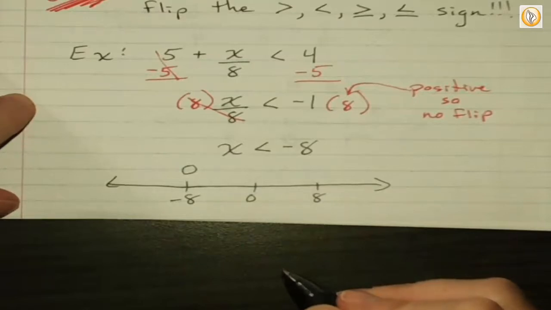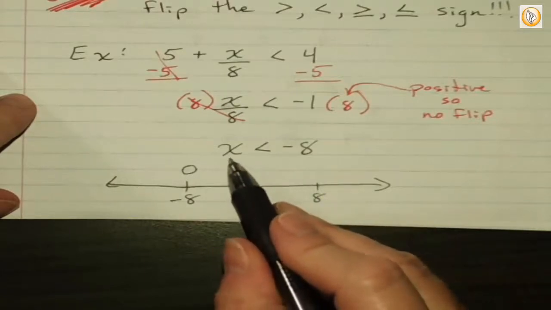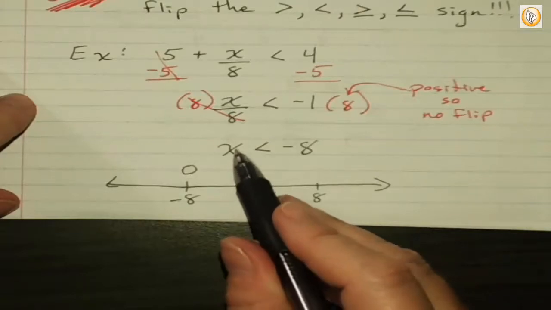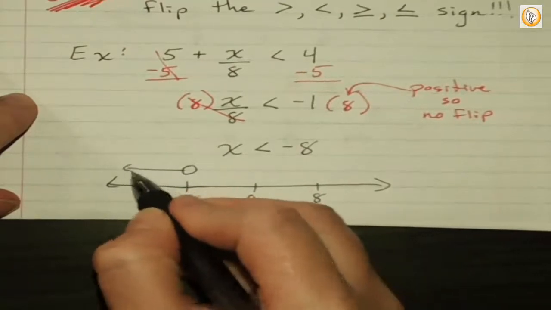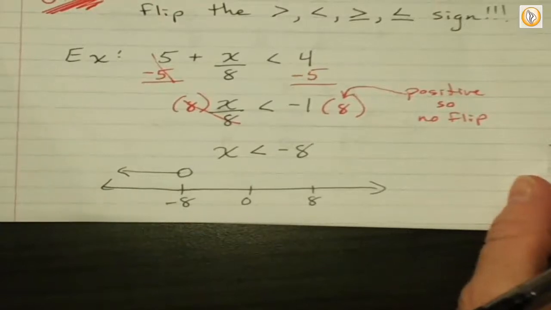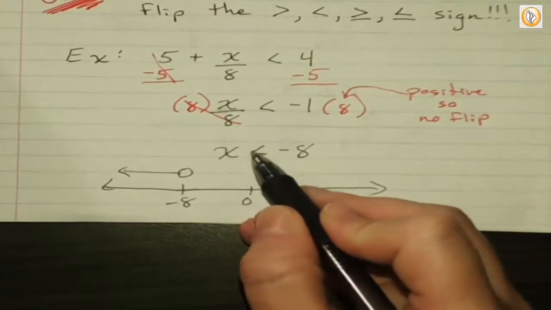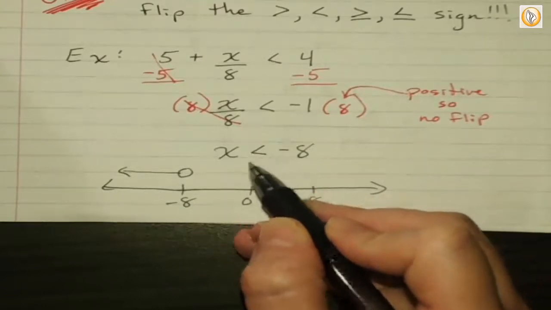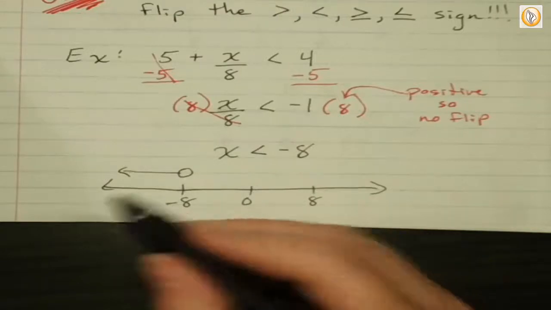So, Madeline, which way does the arrow go? X is any number less than negative 8, so it would go this direction. I don't understand how people have problems with their left and right. Oh, you'd be surprised. It happens. How do you tell which way we're going? Okay, x is less than. So then what number is less than negative 8? You can say negative 9, and so on.